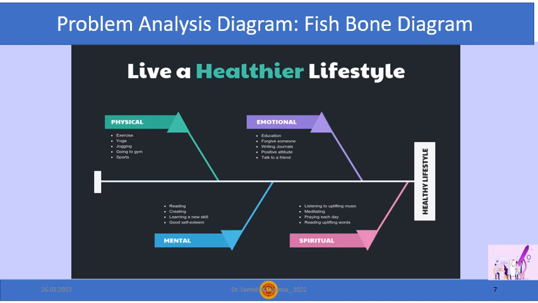And the branches, the individual bones in this case, indicate various aspects of healthy lifestyles that lead to the effect represented by the head. And in this scenario, it's the healthy lifestyle. So physical causes like exercise, yoga, jogging, going to gym and sports.